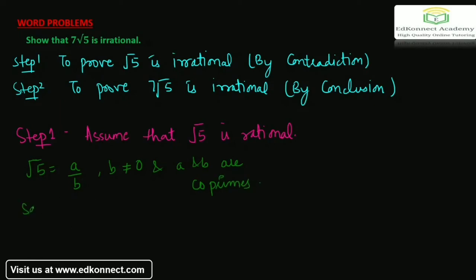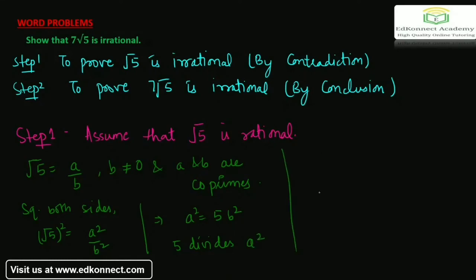So from here, squaring both sides, we get root 5 whole square is equal to a square upon b square. So this implies a square is equal to 5b square. So again a square is written as a product of 5 and b square. So we can say that 5 divides a square.